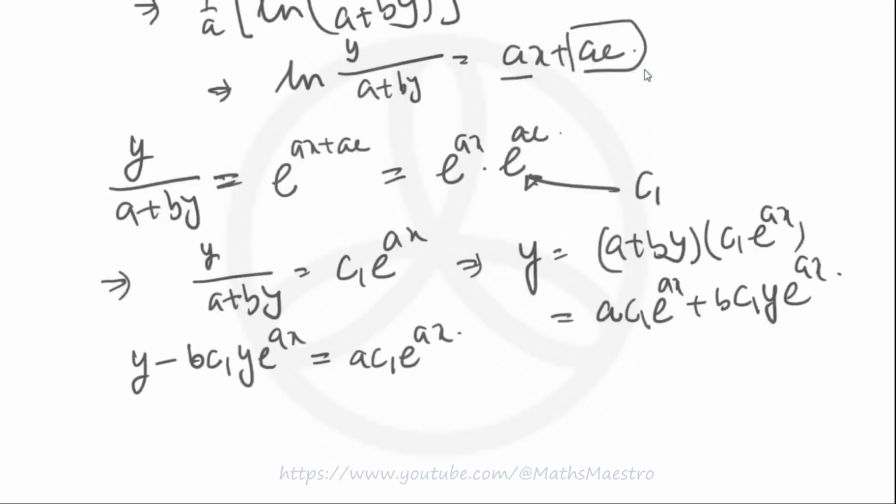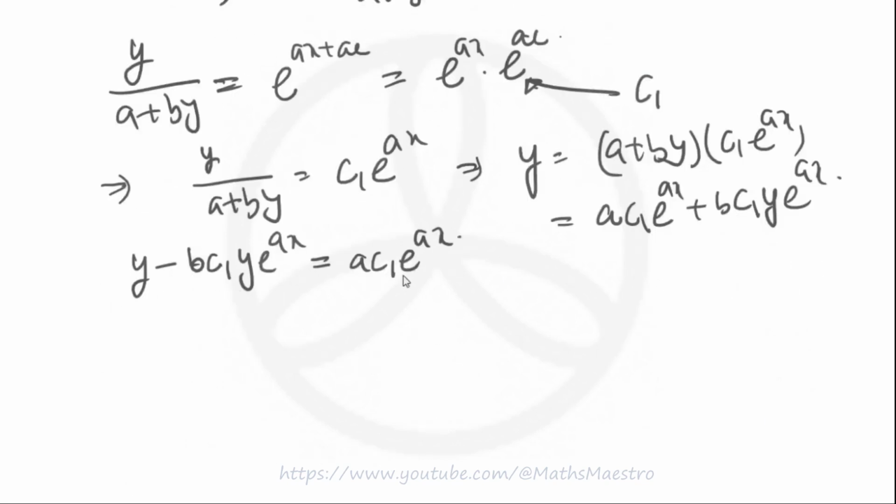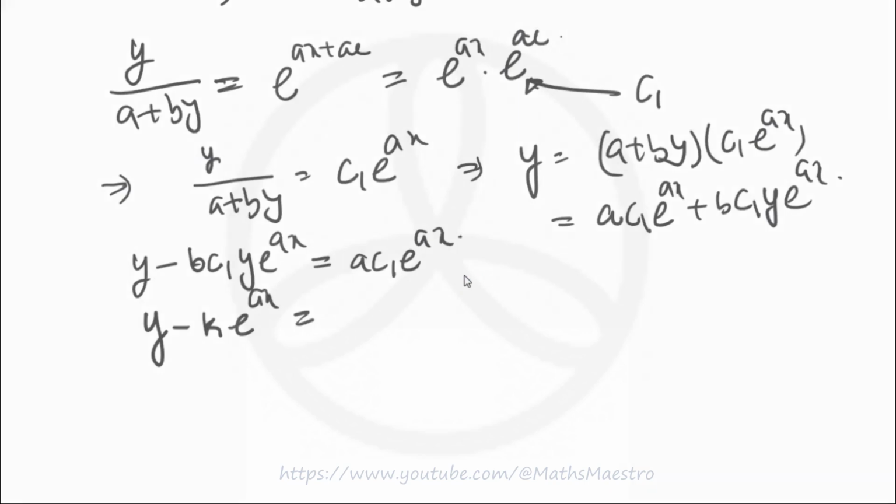Now for the sake of convenience, we can assume b c1 and a c1 as two different constants. I will assume this particular one as k and write e to the power ax, and this particular thing I will assume c2 and write e to the power ax.